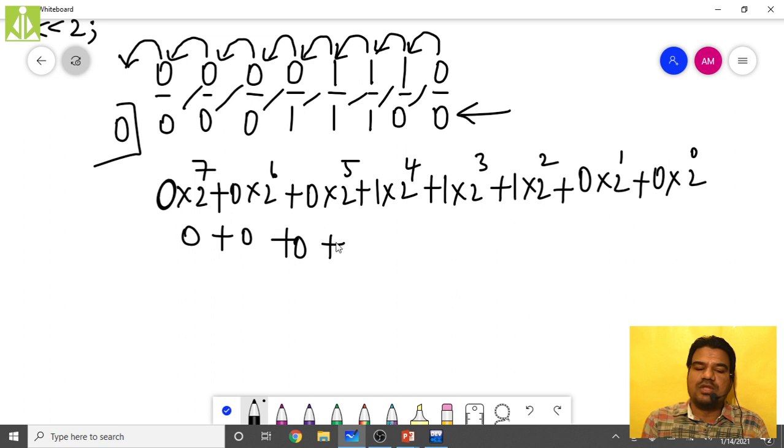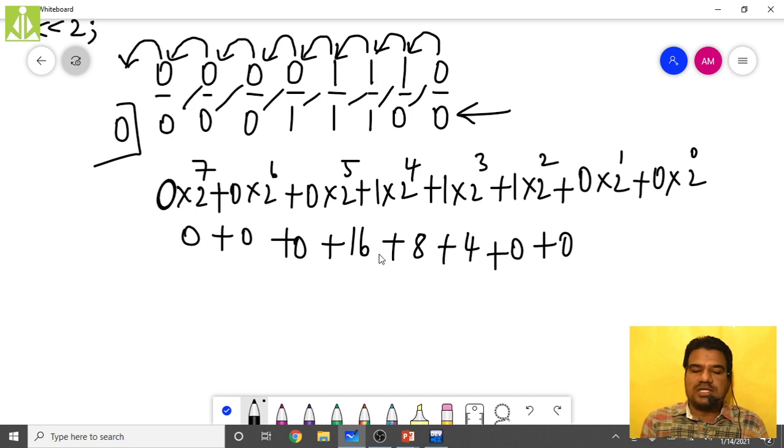Then 2 power 4 in the sense 2 twos are 4, 4 fours are 16, this will become 16, plus 2 power 3 in the sense 8 multiplied with 1 is 8, plus 2 power 2 is 4 multiplied with 1, 4 only, plus 0 plus 0. So what is this value? 16 plus 8 is 24, plus 4 is 28. You will get the final result as 28.